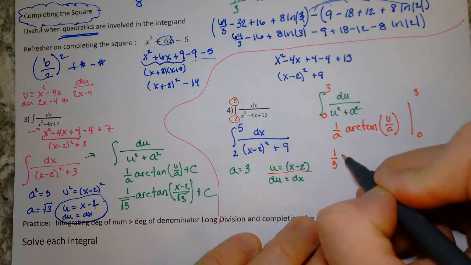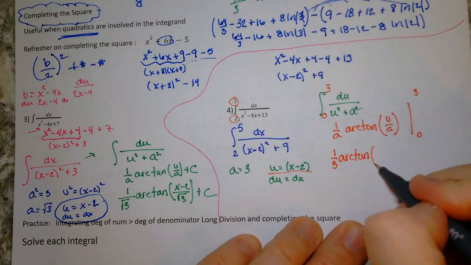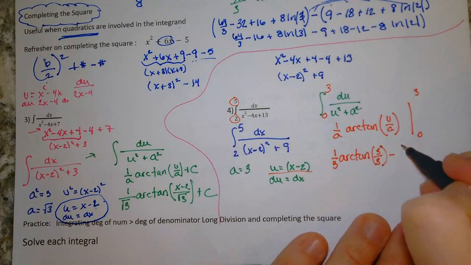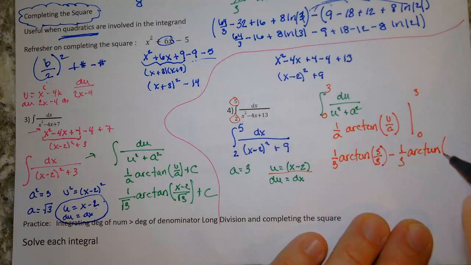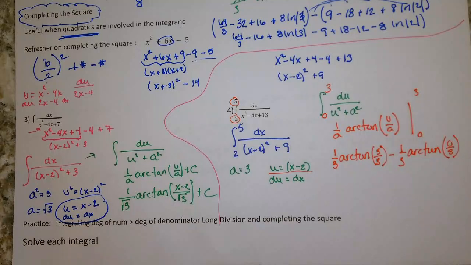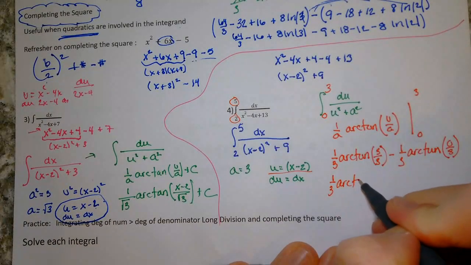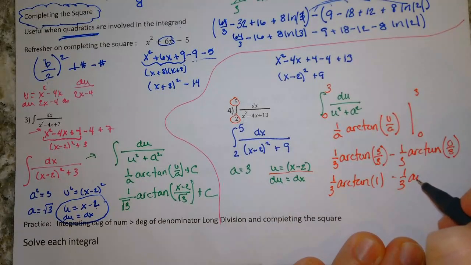So 1 over 3 arctan, my upper is going to be 3 over the a value of 3, minus 1 over 3 arctan, I have 0 over 3. Okay, so I've got 1/3 arctan of 1 minus 1/3 arctan of 0.